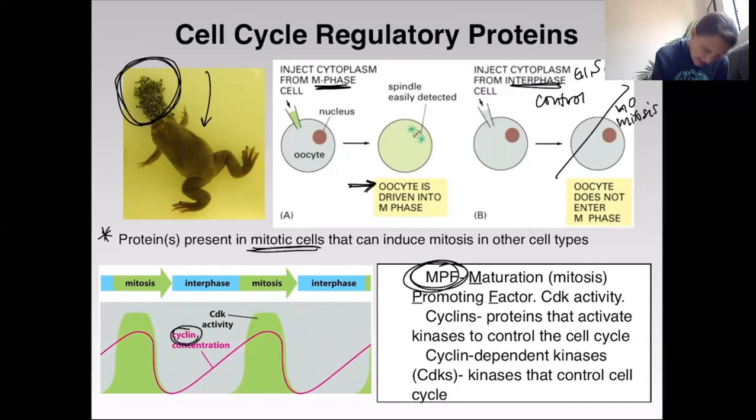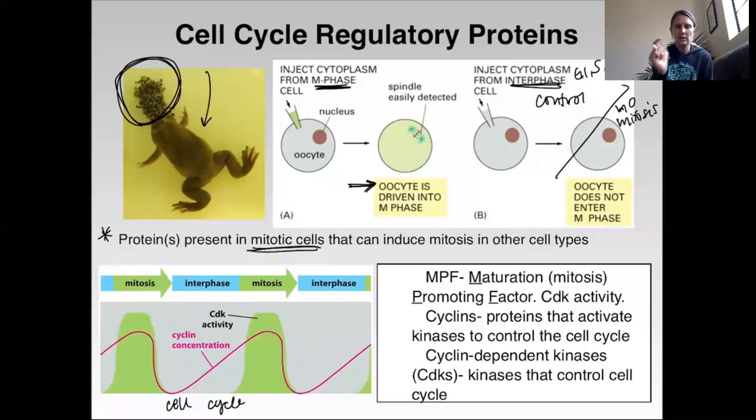We have a protein that cycles in the cell cycle. Here we have the cell cycle, shown with the green and blue: interphase, mitosis, interphase, mitosis, interphase, mitosis. And cyclin concentrations cycle in the cell cycle. They go up and down, up and down, up and down.